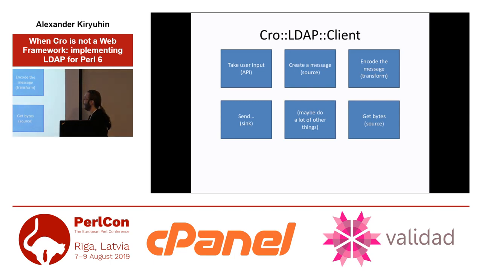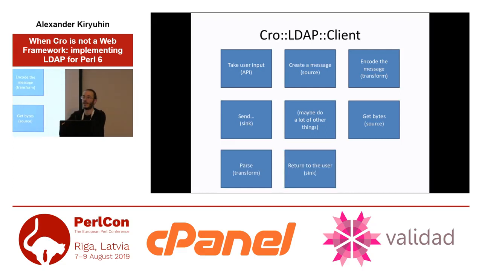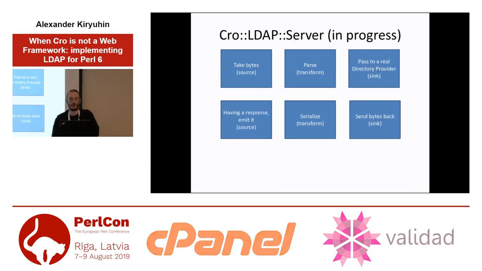And when something arrives from the socket back, we add those bytes. It is a source of our events again. We parse them, and it is returned to the user, and we can hopefully save the world with it, I hope.